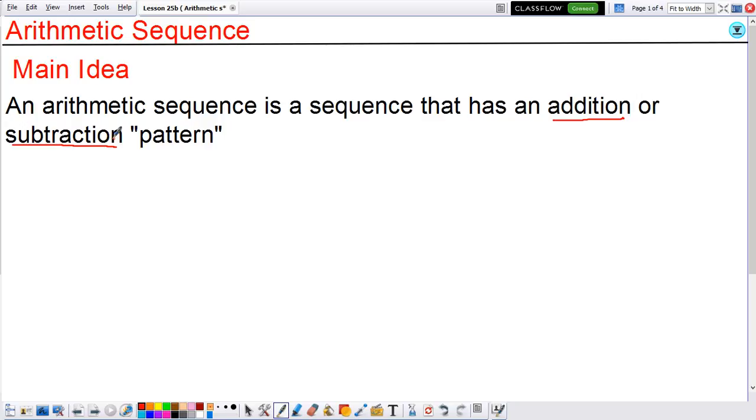But now, if we see that the pattern is either addition or subtraction, then we're going to label that as an arithmetic sequence. So the main idea for today is that an arithmetic sequence is a sequence that has an addition or subtraction pattern. So let's see some examples.